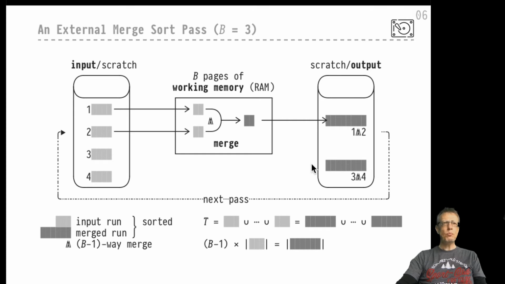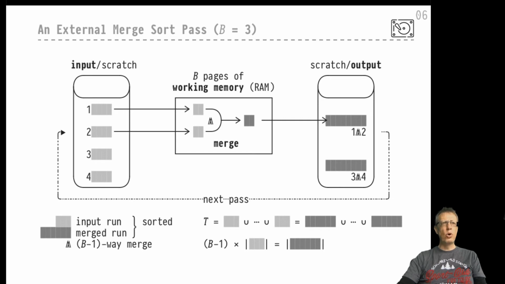At least 2 such runs are being created in this picture, at least in this pass. So we would need another pass at least to merge these 2 runs into the final result. So this is the general idea of the external merge sort.